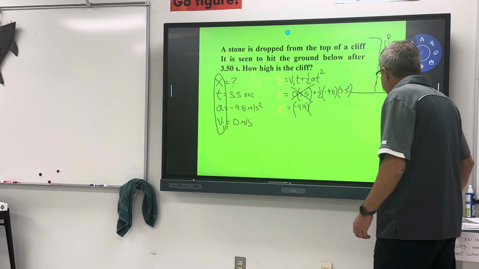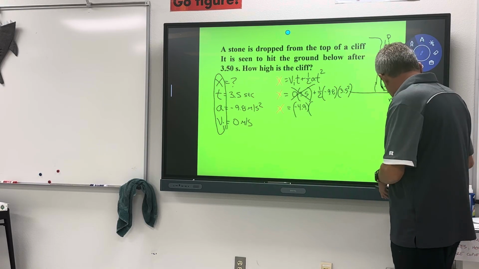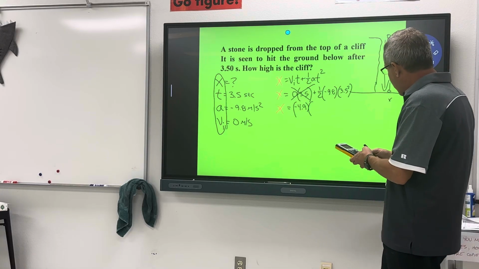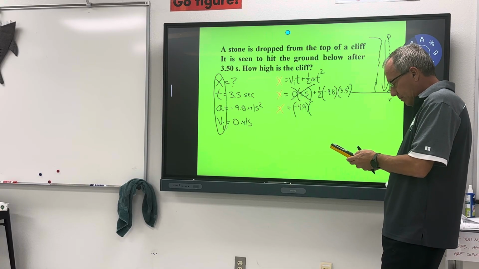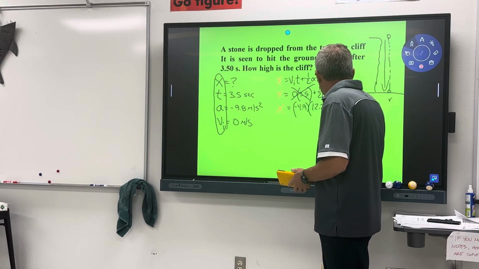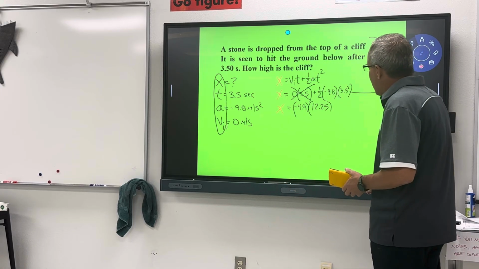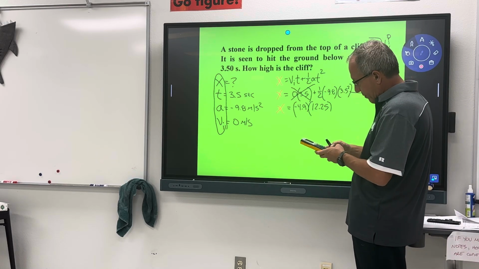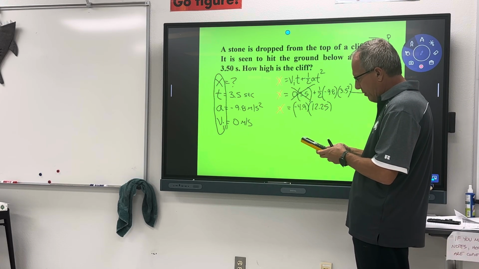And then 3.5 squared is 12.25. So negative 4.9 times 12.25, we can run that through the calculator, I think it's 60 point something, yeah.